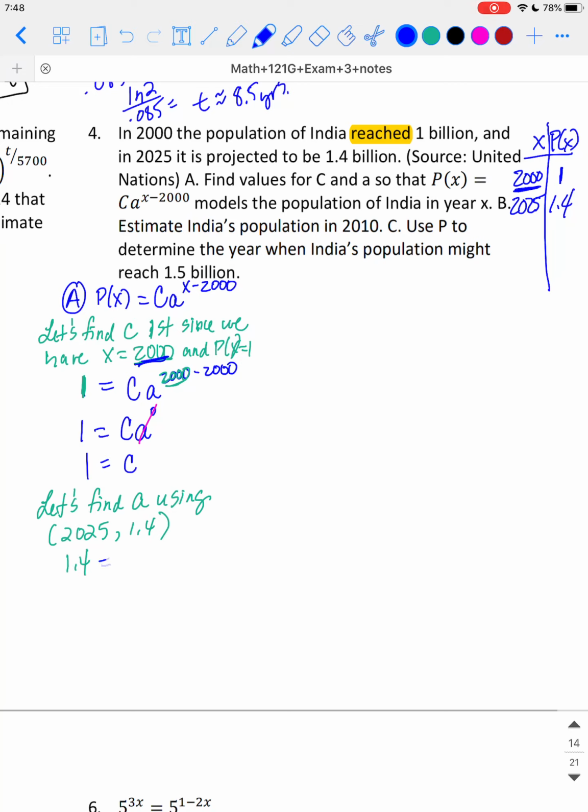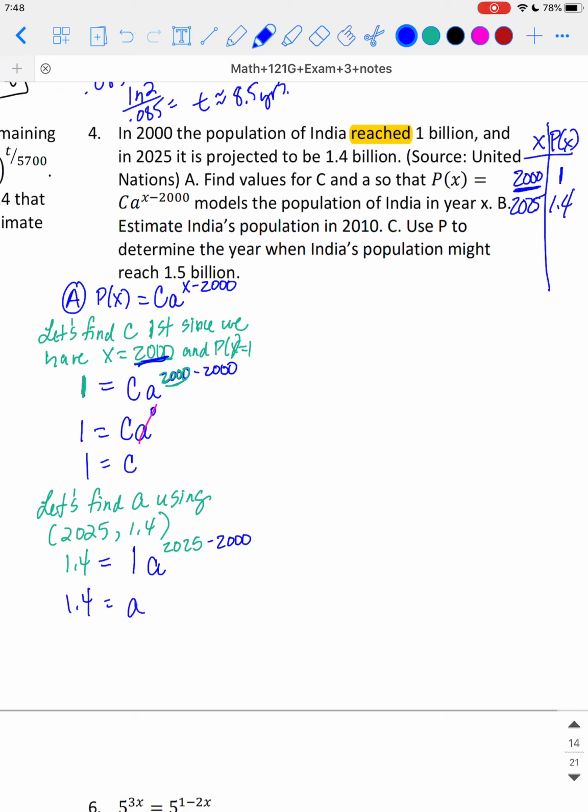So I have 1.4 is equal to the C, which is 1, times A to the 2025 minus 2000. 1 times anything is whatever's left.